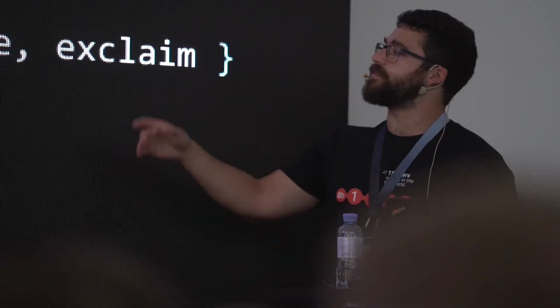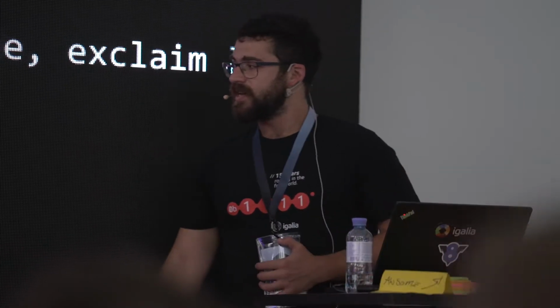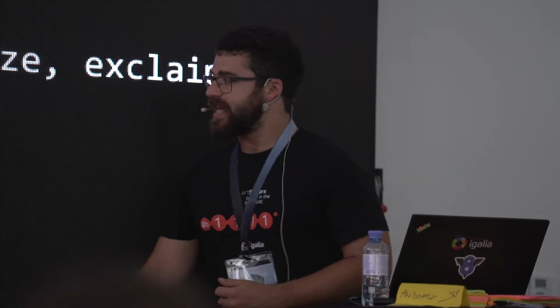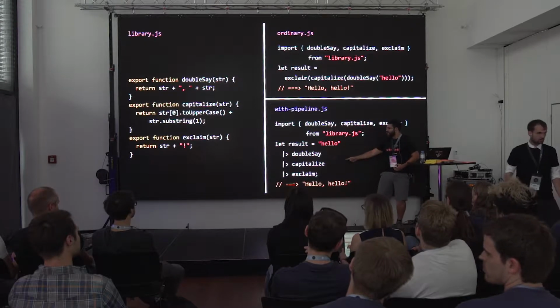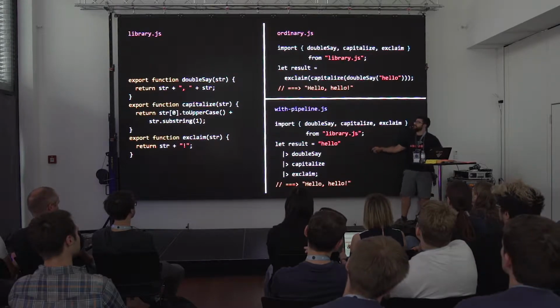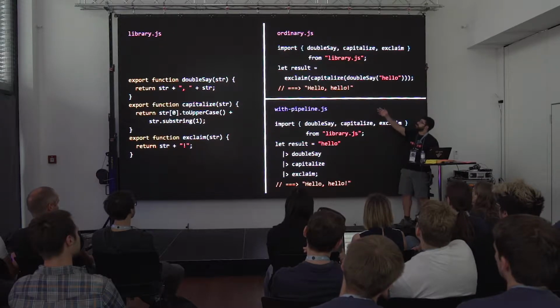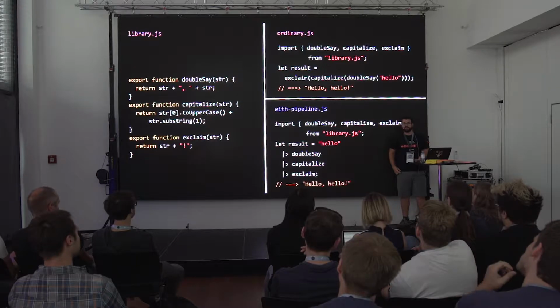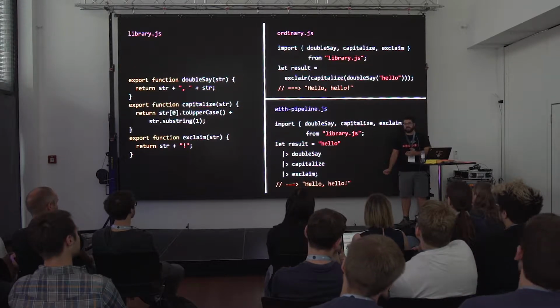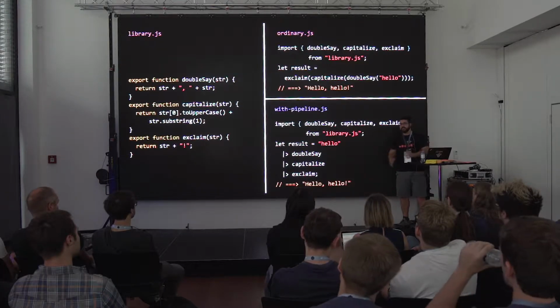And then the pipeline operator offers a convenient syntax for that, which is equivalent, where you do hello, you pipe to doubleSay, you pipe to capitalize, and to exclaim, which is equivalent to just doing this function call. So instead of being equivalent to a use of .call, it's just equivalent to a bunch of nested function calls.